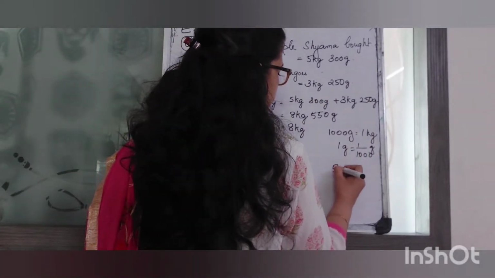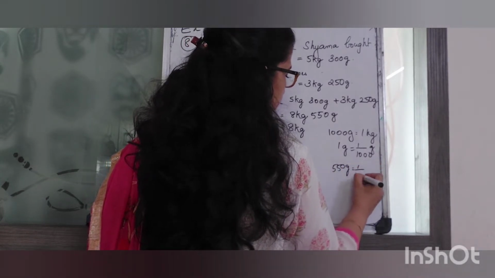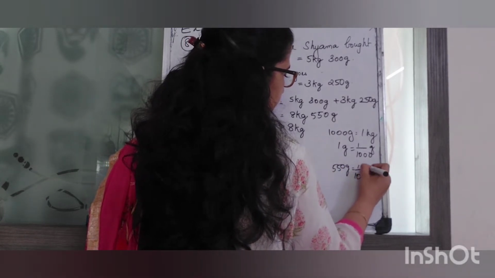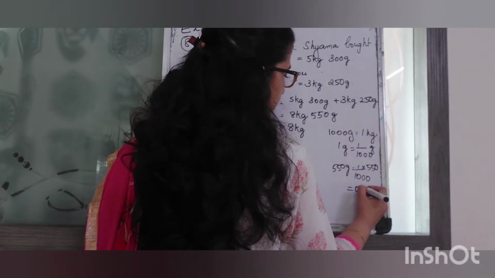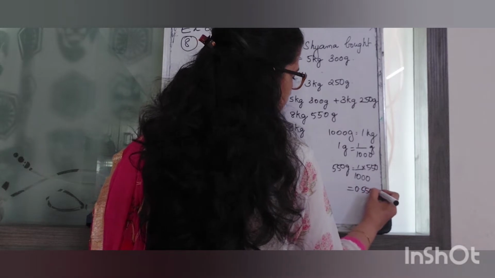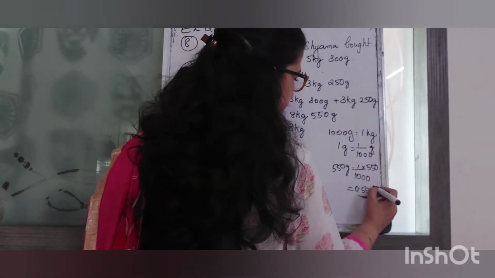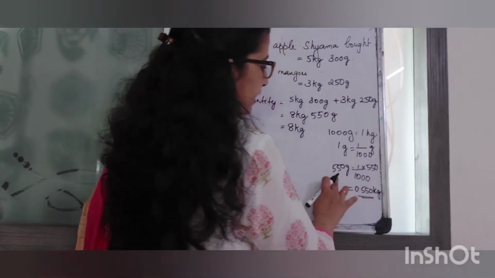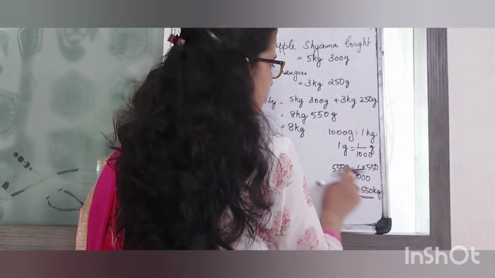So how much is 550 grams? It is 1 by 1000 into 550, which is 0.550 kilogram. So 550 grams is equal to 0.550 kilogram.